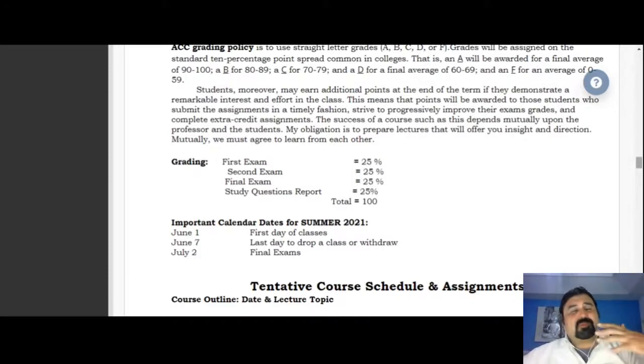But also keep in mind that I take other factors into account, like effort, for example. Improvement and progress. If I see that across the term you were improving from the first exam to the second to the final, I see that you were improving the grade. Let's say the first exam you got an 80, but then the second exam you got a 90, and then the final you got a 95.